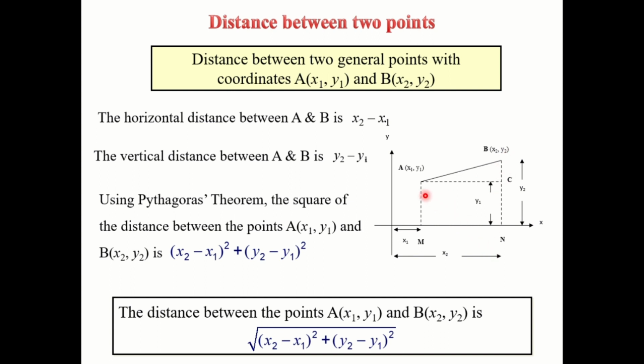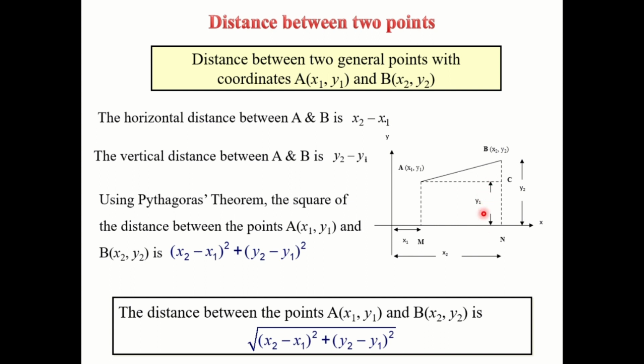Now, in the previous video I told that for x1, y1, x1 is the horizontal distance of point A from the y-axis. This is the intersection of the x and y axes, that is O, the origin. OM is x1. Then y1 is the distance of this point from the x-axis along the y-axis.